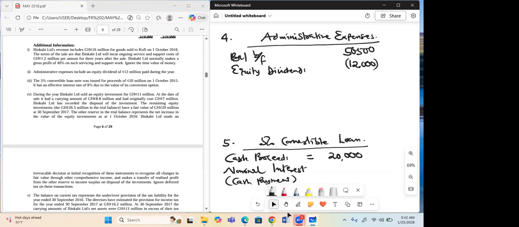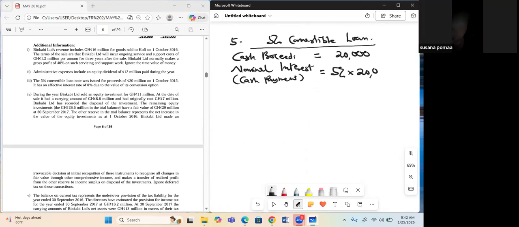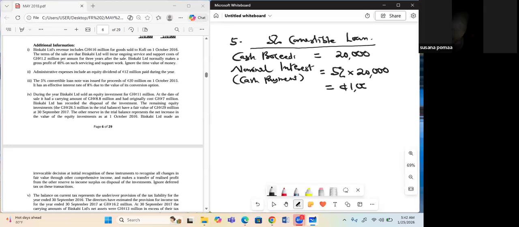What's the interest rate attached to it? 5%, right? So the nominal interest will be 5% of 20,000. That's 1,000, right?